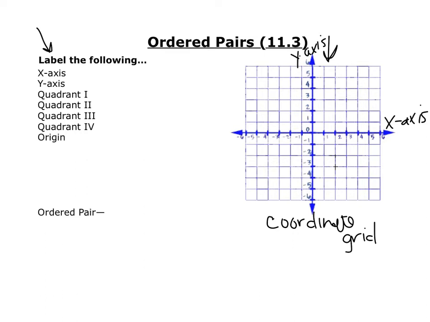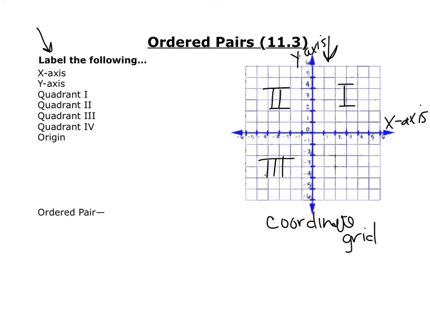You'll notice that the axes create 4 different squares on the graph. We like to be able to talk about each one and everyone kind of be on the same page, so we actually numbered each one of them. This one on the top right is called quadrant 1. Top left is 2.